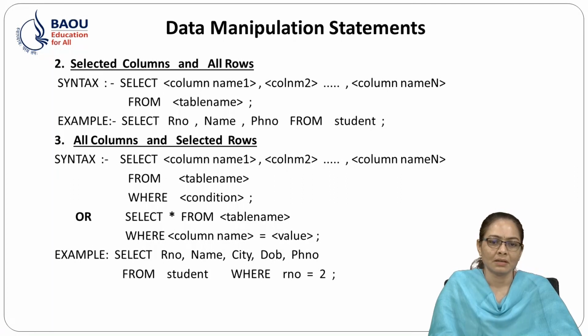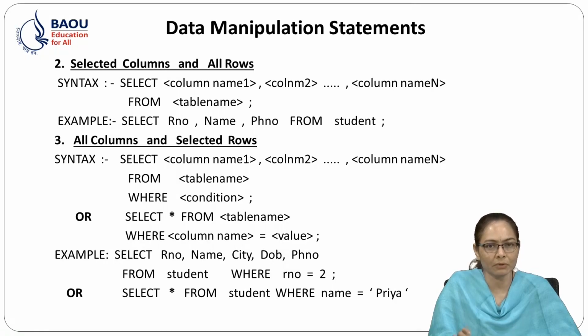So the example is select roll number, name, city, comma, date of birth, comma, phone number. All the columns are defined. After that, from student where roll number is equal to 2, means this command is used to display all the columns of the record of roll number 2. So this command is used to display the roll number 2 record.